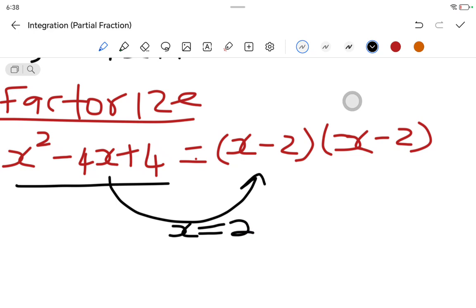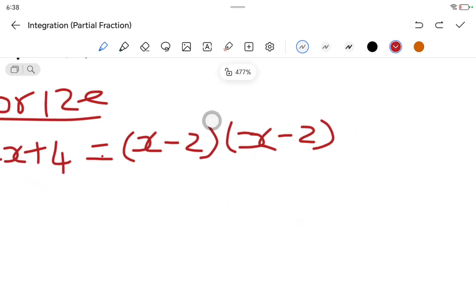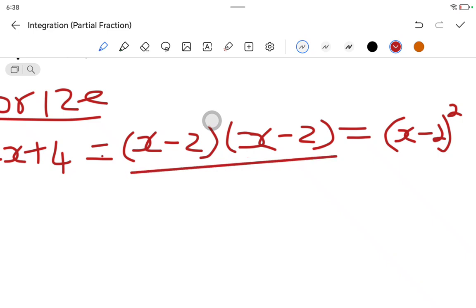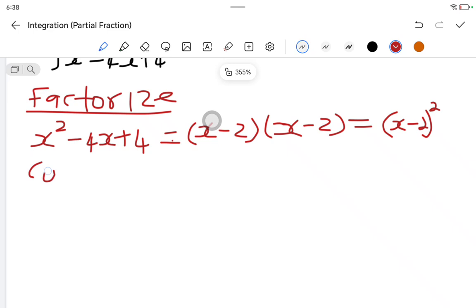So that already tells you that this is x minus 2, right? And x minus 2 times x minus 2 is the same thing as what? x minus 2 all squared. We should make sure that if they're the same, we put them as squared. Now let's go to complete the square.